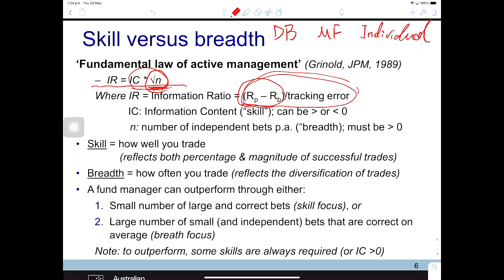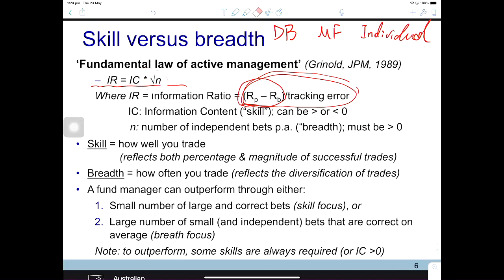So no matter whether the active manager is relying on breadth or skill, some skill must be involved. So this is the process to help us understand how we're going to evaluate the active manager's performance.